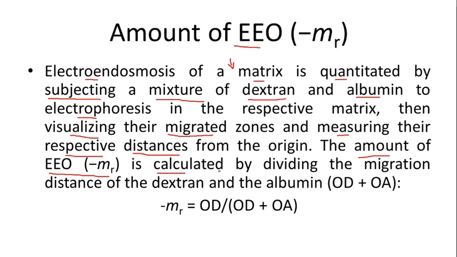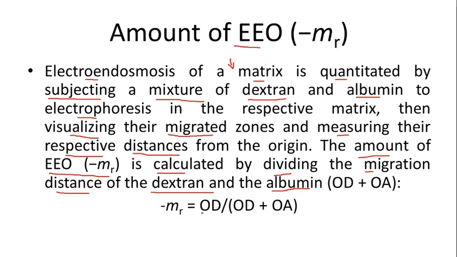The amount of electroendosmosis is calculated by dividing the migration distance of dextran, this is called OD, by the migration distance of albumin.